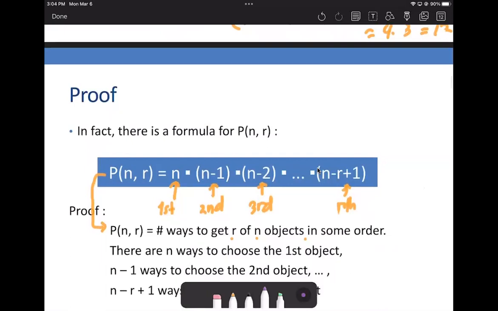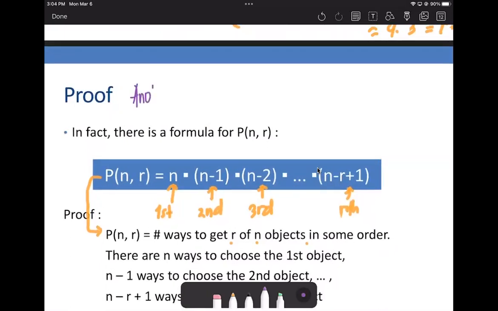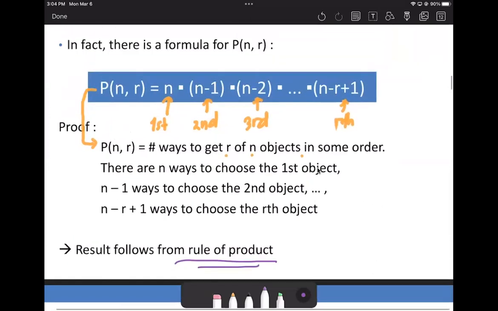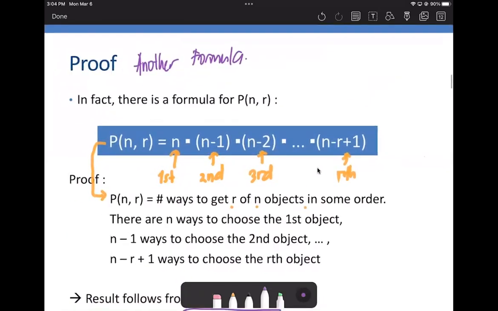And this is another formula, which uses the rule of product: the permutation of n taken r is equal to n times n minus 1 times n minus 2 until n minus r plus 1, wherein the n is the number of ways in which you can choose the first object.